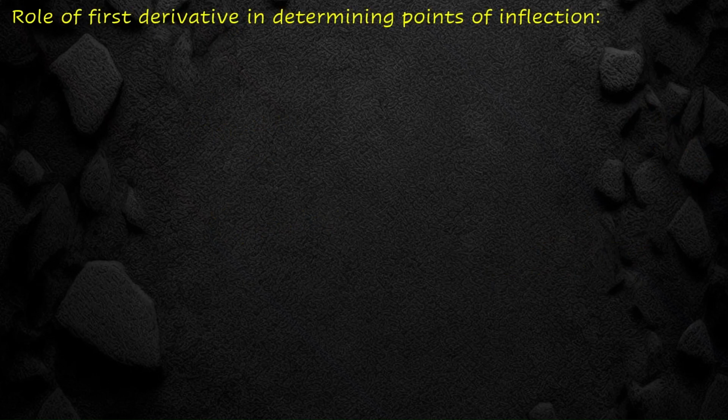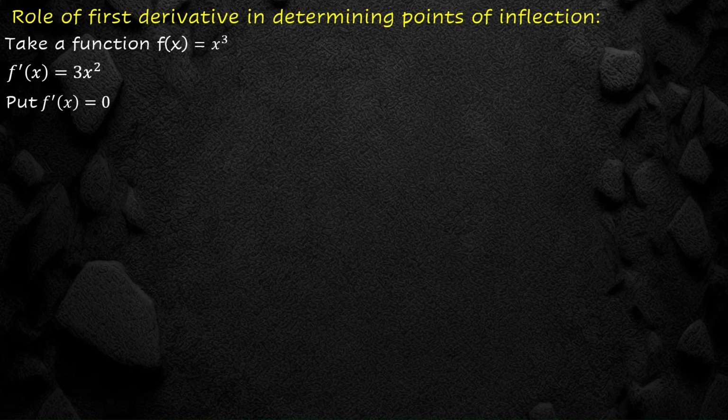Now we discuss the role of the first derivative in determining points of inflection. There are certain functions whose points of inflection can be found by the first derivative, and one of them is f of x is equal to x cube. We find the first derivative only, put the first derivative equal to 0 and get x is equal to 0.